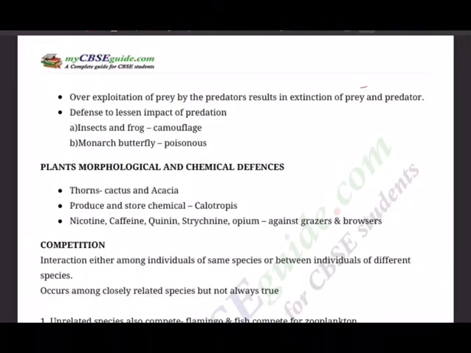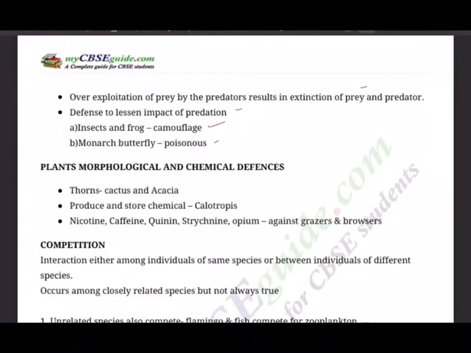And defense to lessen the impact of predation, like insects and frogs using camouflage, and the monarch butterfly, very poisonous, as you know. So there will be natural defense systems. The butterfly is very, very beautiful, as you are seeing, but once a bird or any predator starts eating it, because it is highly poisonous, the predators understand that it will not be touched because it is poisonous.